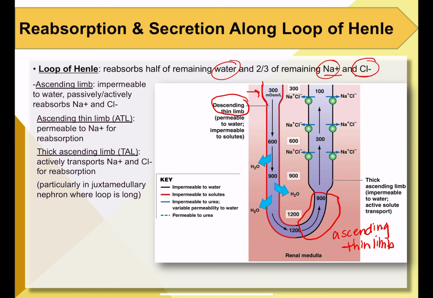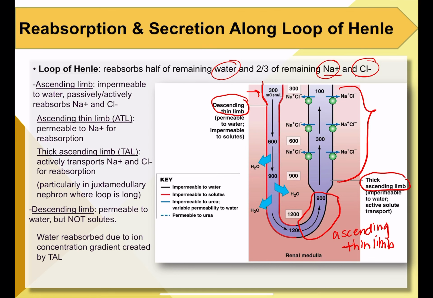And then this section right here is the thick ascending limb. Okay, so let's go through what's permeable and what's not permeable. Within the descending limb, as your filtrate is coming down into the loop of Henle, the membrane of the descending thin limb is not permeable to solutes, but it is permeable to water. And hence, the only thing moving out of the descending thin limb is water.